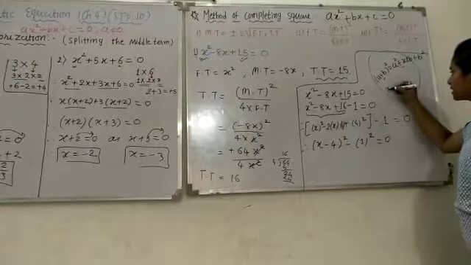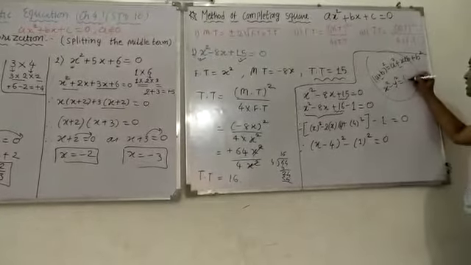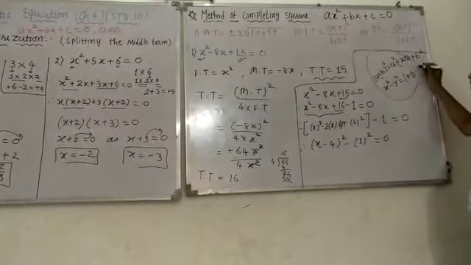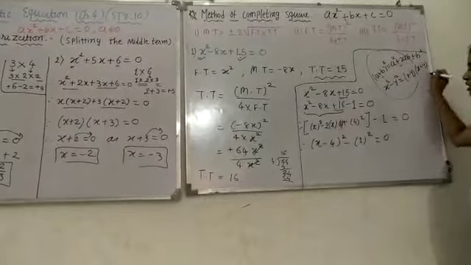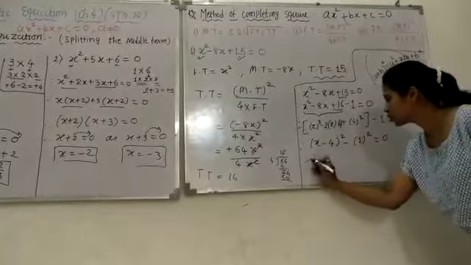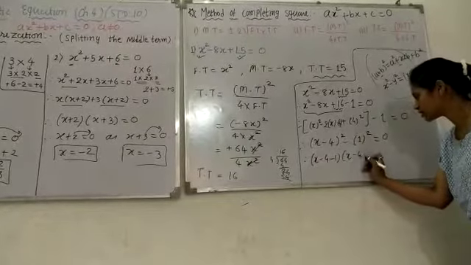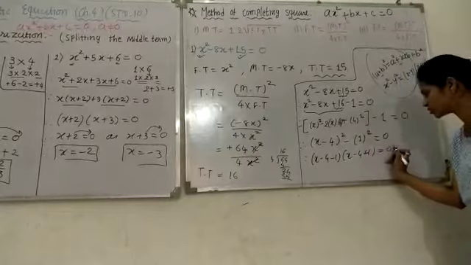which is equal to 0. Again apply the identity. X square minus y square is x minus y, x plus y. So now this whole is your x and this 1 is your y. So x minus 4 minus 1, x minus 4 plus 1, which is equal to 0.